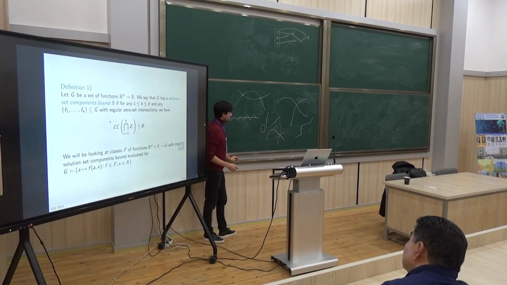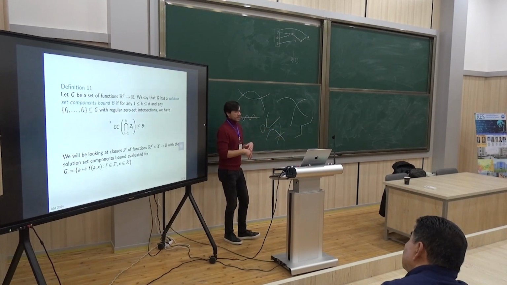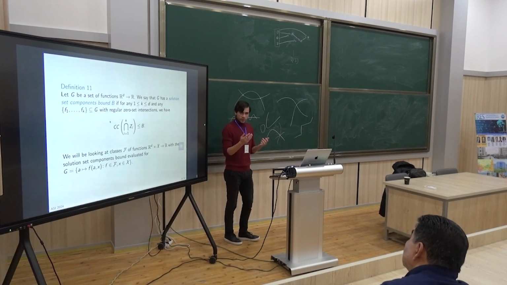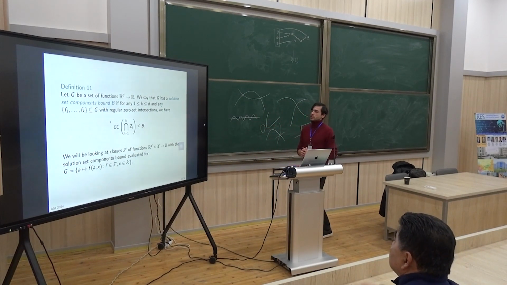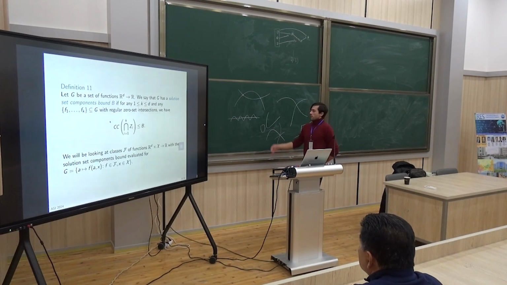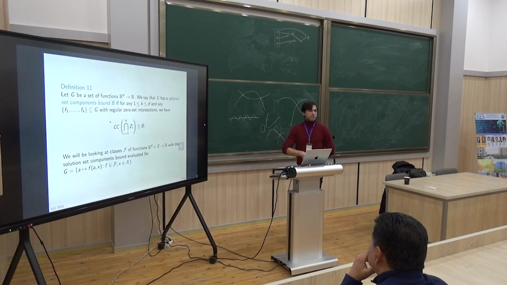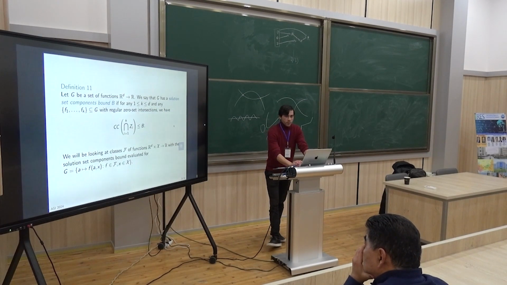So this is going to allow us to control or measure the complexity of those functions, and the results that we obtain are going to depend on this bound. If you imagine that these are polynomials of a certain degree, then the number of connected components of the intersections is going to be bounded depending on the degree of those polynomials.